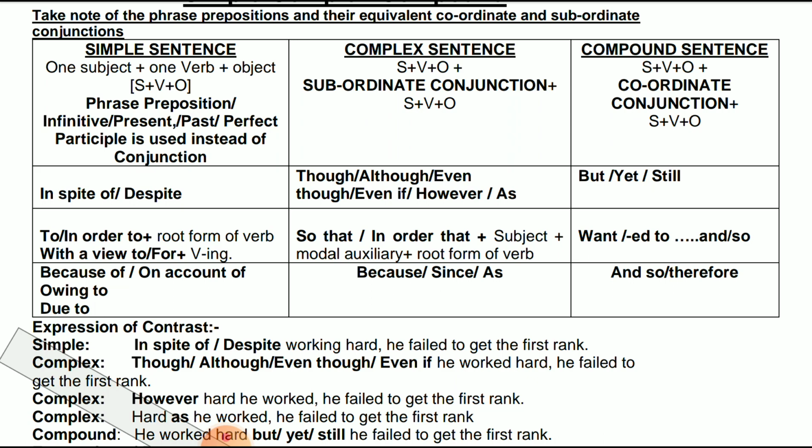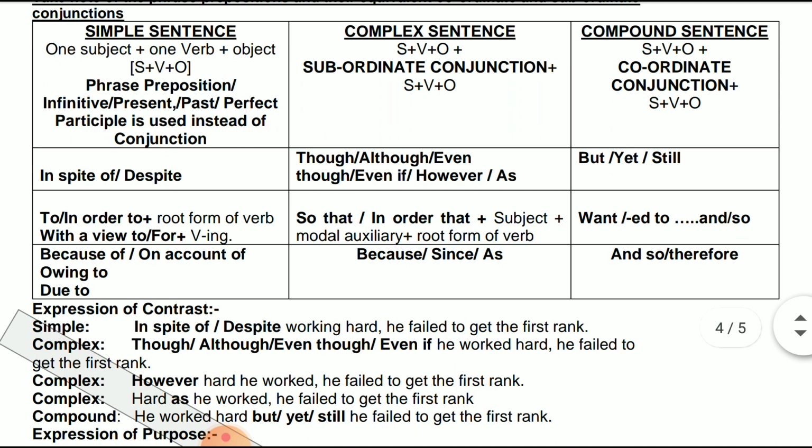Now let us revise that a present participle is a verb with ing form. Verb plus ing is called present participle. Past participle is the third form of the verb. For example, say write, then writing is present participle. Written is past participle. And perfect participle means having plus past participle. So having written is perfect participle.